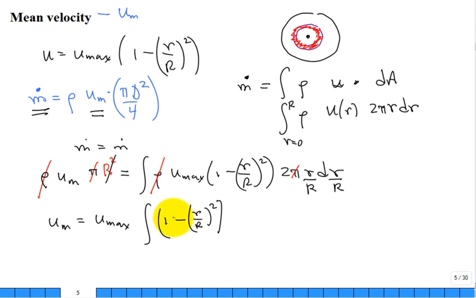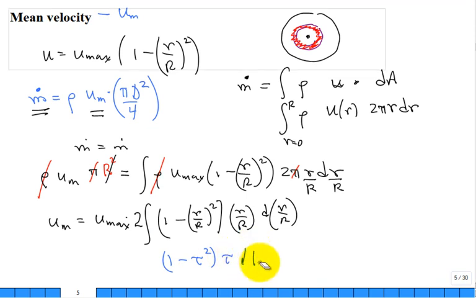times, where should I put that 2? Well, I'll put the 2 right here, 2 times r over cap R times the derivative of r over cap R. Or from your calculus, you can say, well, let's let this 1 minus tau squared times tau d tau, where tau is r over cap R. And then I integrate from 0 to 1.